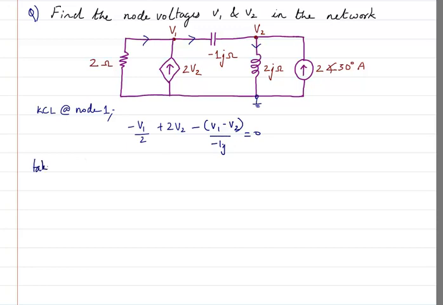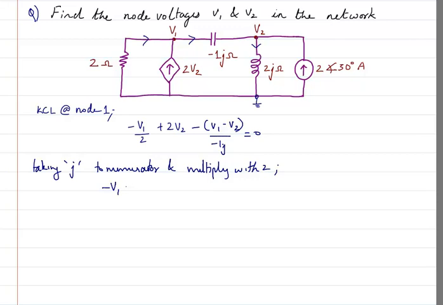Then taking j to numerator and multiplying with 2, if I am doing that, then I will get minus V1.